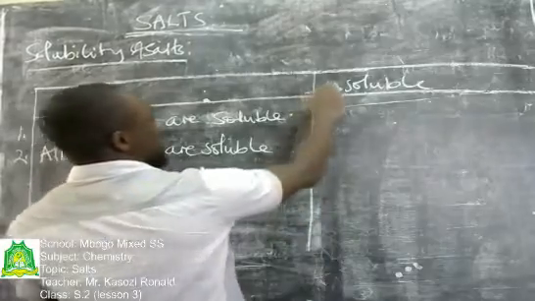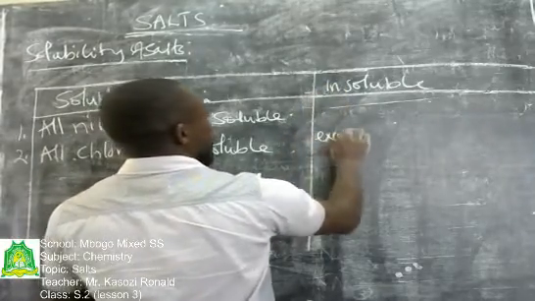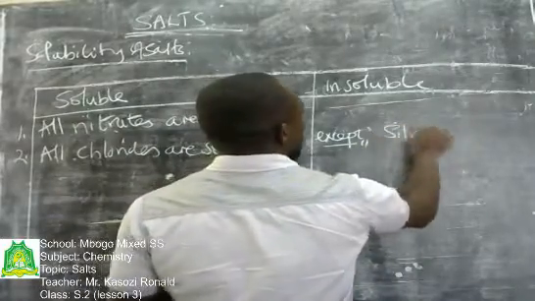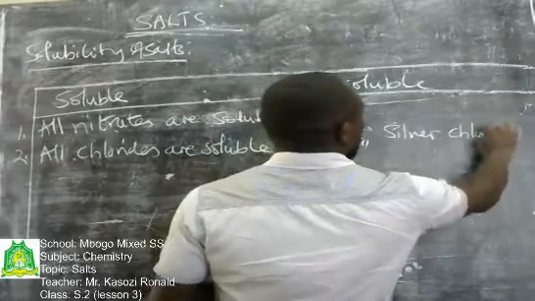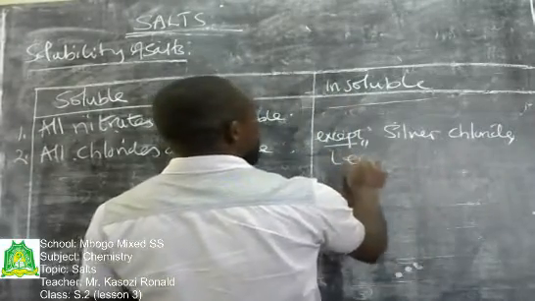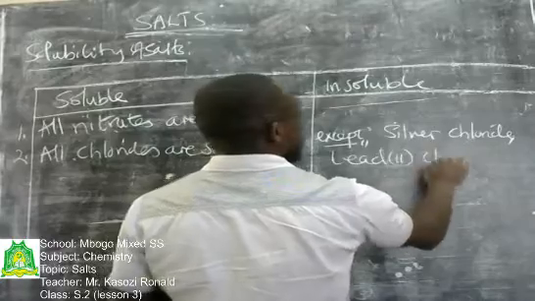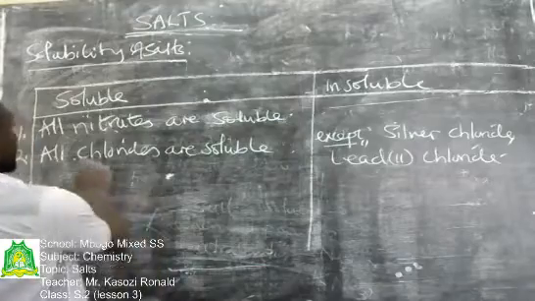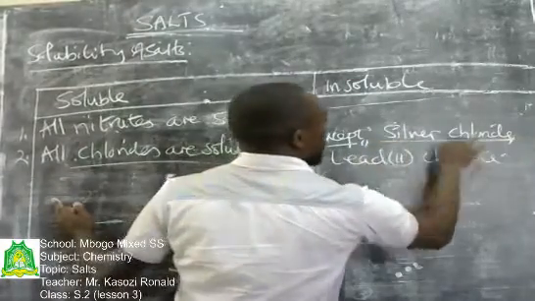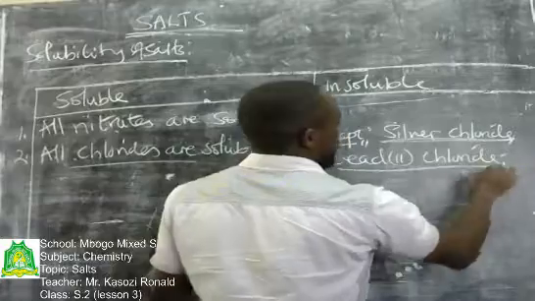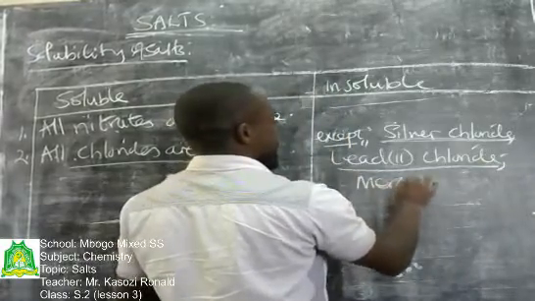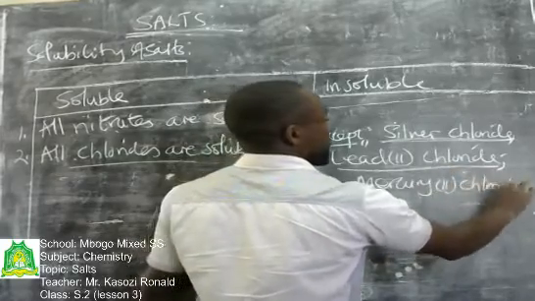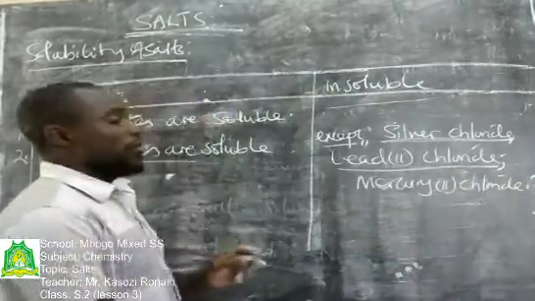But those that are insoluble shall be the exceptions: there is silver chloride, there is lead 2 chloride, even mercury 2 chloride is also insoluble in water.